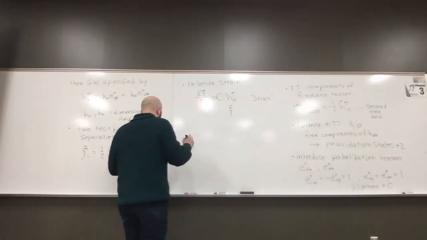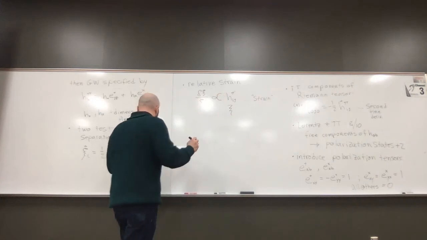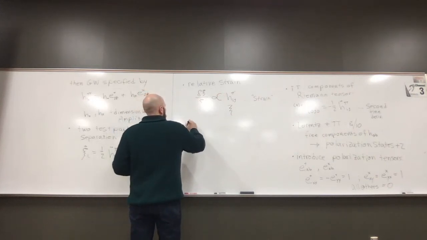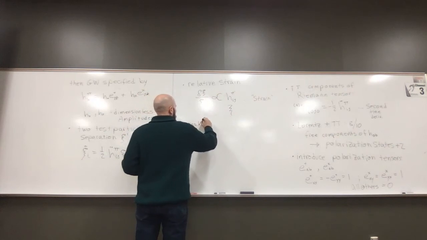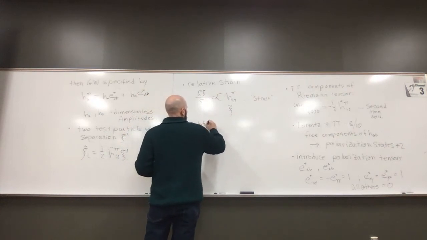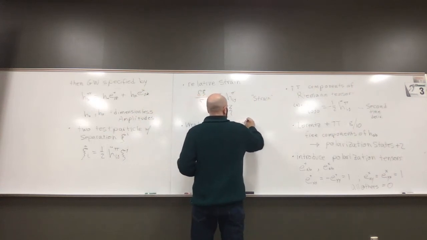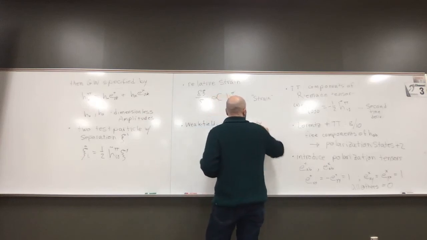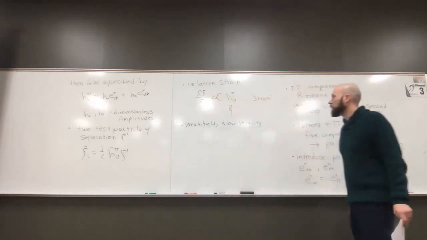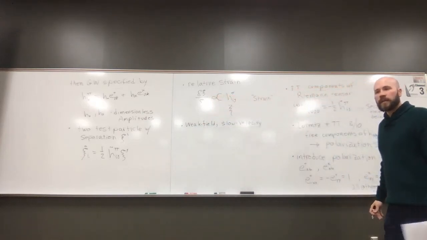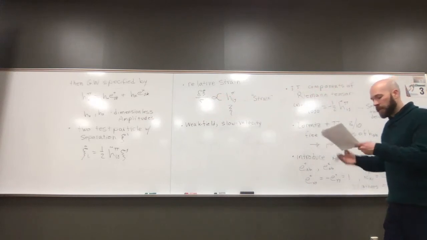Okay, so let's do the following. Let's take the weak field limit, the slow velocity limit. So we are essentially Newtonian. Weak field, slow velocity, not special relativistic speeds, not general relativistic gravity.